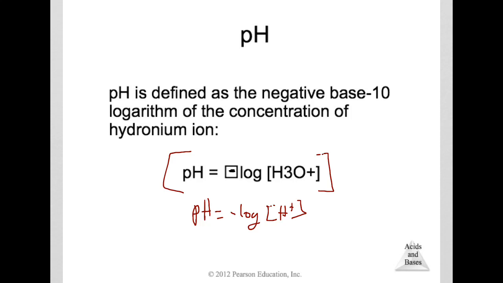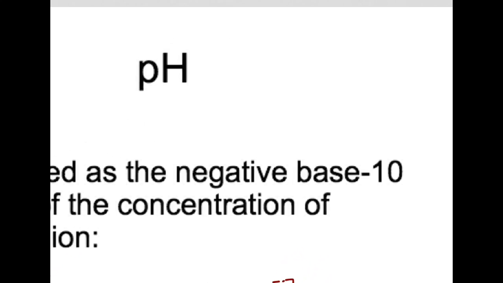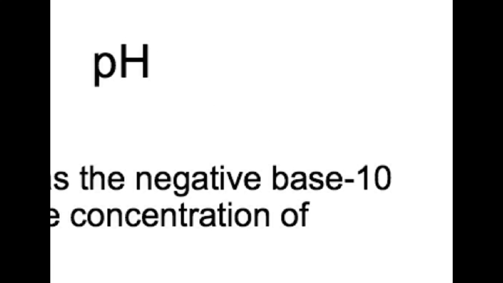Let's take a look at that Kw. Kw equals 10 to the negative 14. That is equal to the hydrogen ion concentration times the hydroxide ion concentration. When we're looking at the autolysis of water, the hydrogen ion and the hydroxide ion come out in equal parts. What is the hydrogen ion concentration going to be?